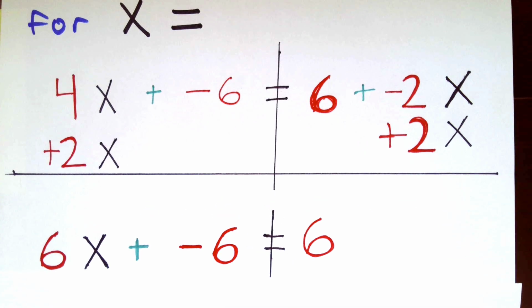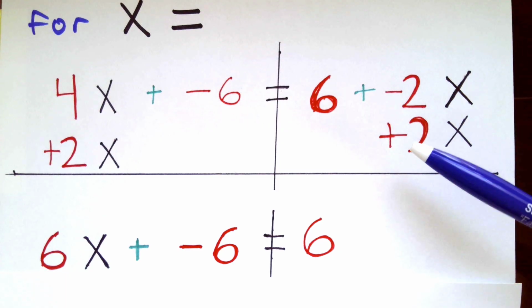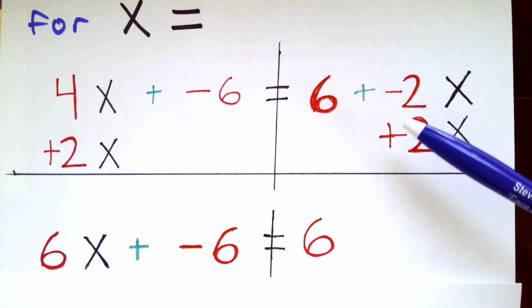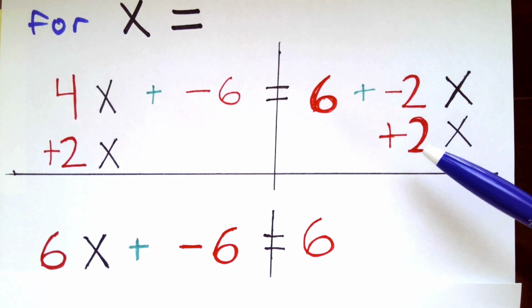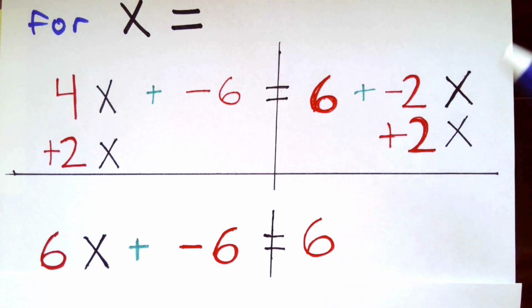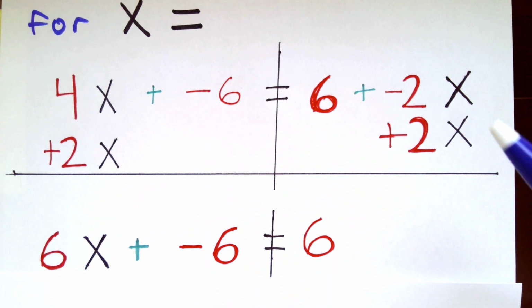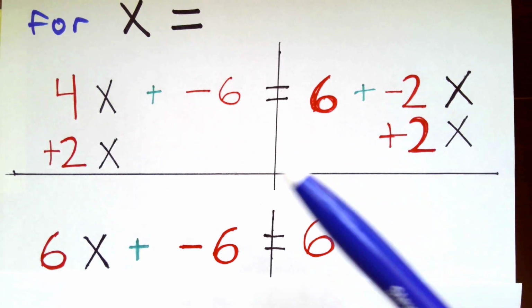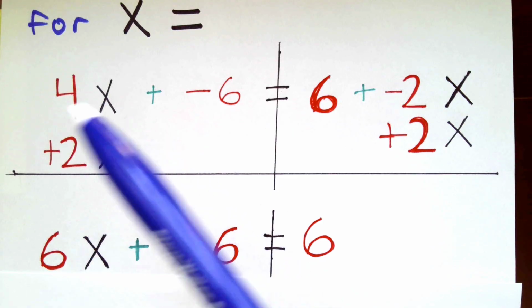This is called an inverse operation. What's the opposite of subtracting 2x, or a negative 2x? It's a positive 2x. When I combine the two, 2x plus a negative 2x, or 2 minus 2, I end up with 0. That x is gone from the right side of the equal sign. But what you do to one side of the equal sign, you've got to do to the other side.